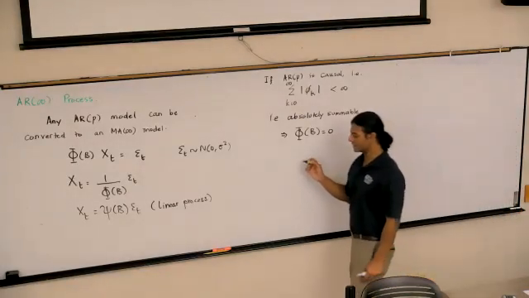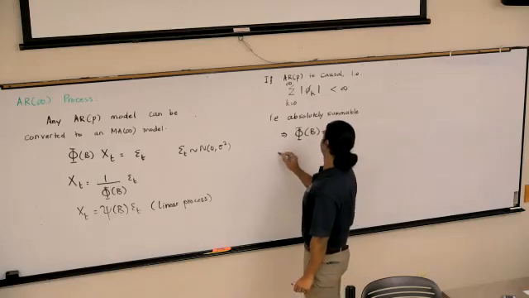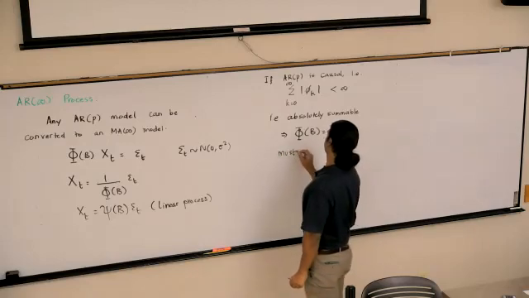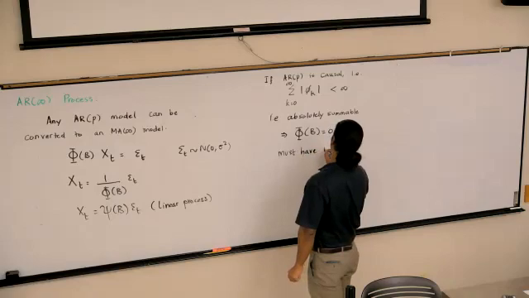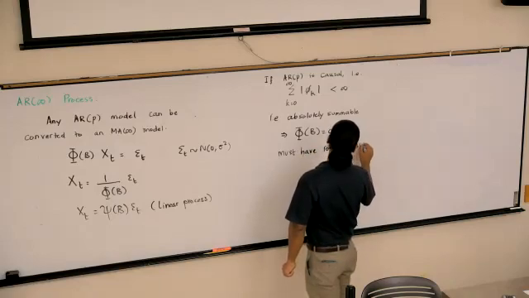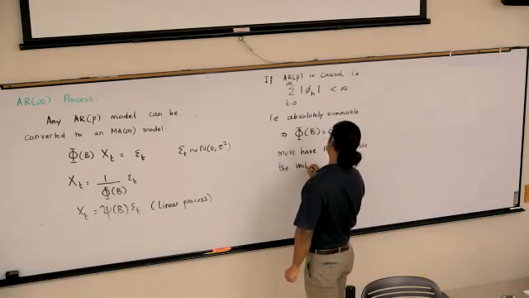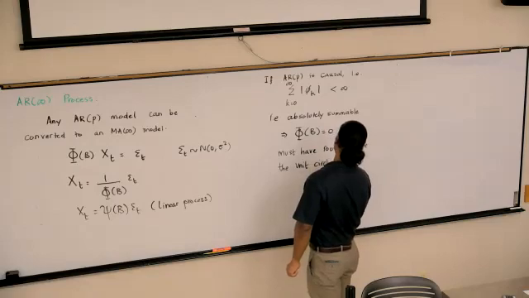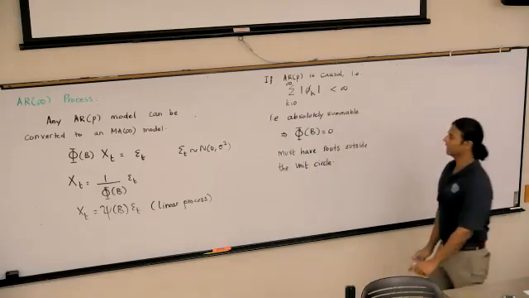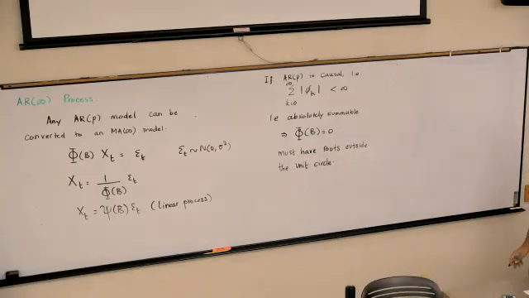So the characteristic polynomial must have roots outside the unit circle. Good.